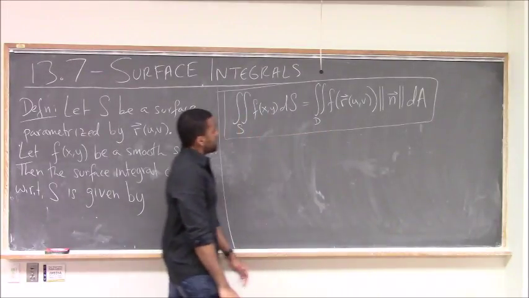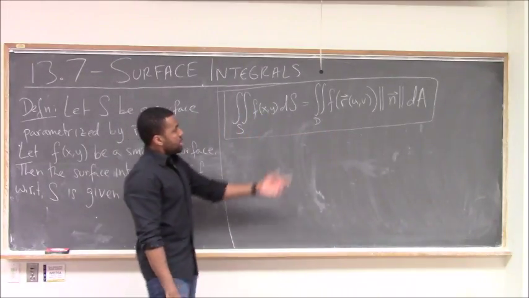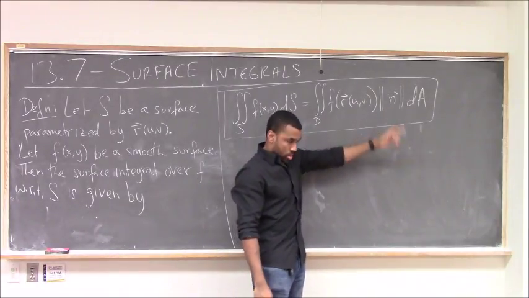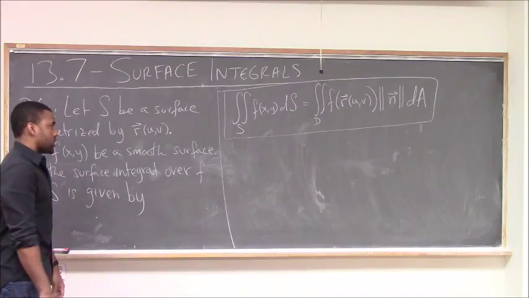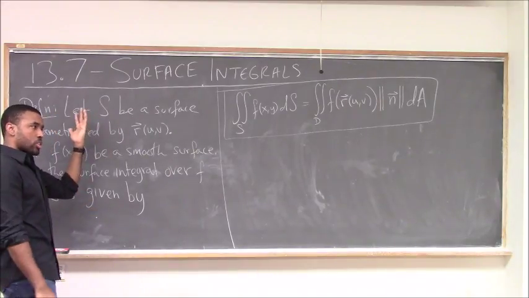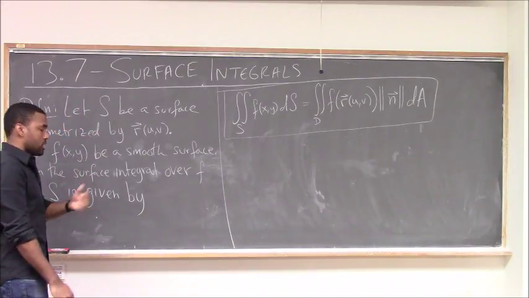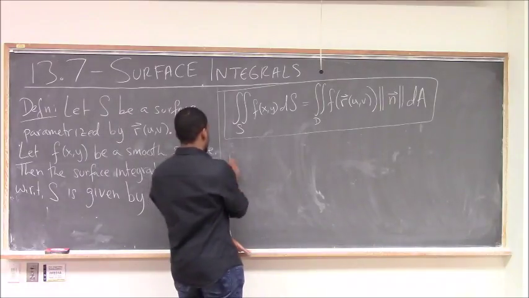You can notice that here we're multiplying by the magnitude of the normal, because, let me just emphasize something here. There are two types of surface integrals. There are surface integrals over scalar fields and surface integrals over vector fields, so let me make a note here.